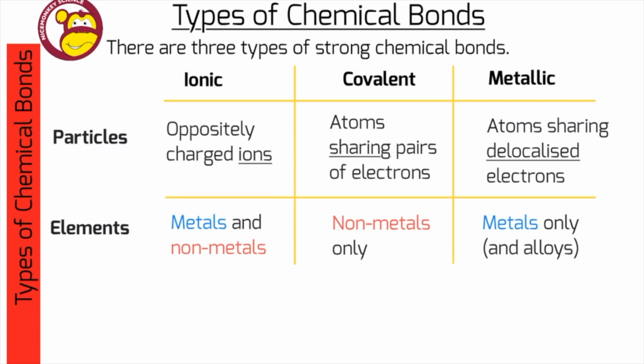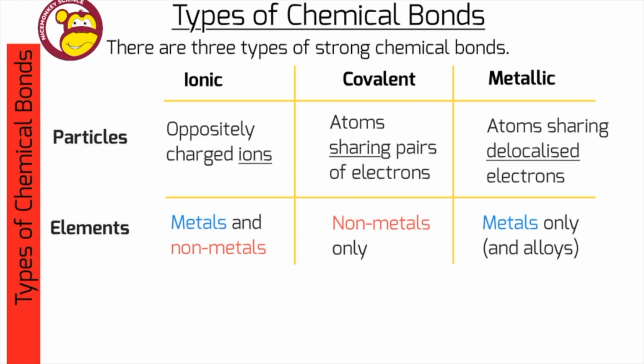So just to give you an example of ionic bonding, you might find sodium chloride. So sodium is on the left-hand side of the periodic table, so it's a metal, and the chloride is the name for the ion form of chlorine, found on the right-hand side of the periodic table in group 7, and therefore is a non-metal.